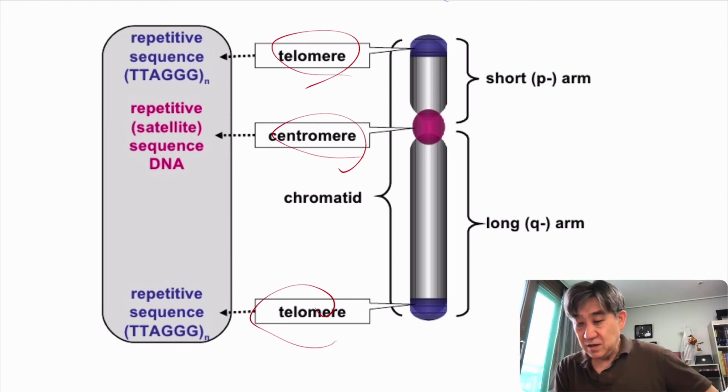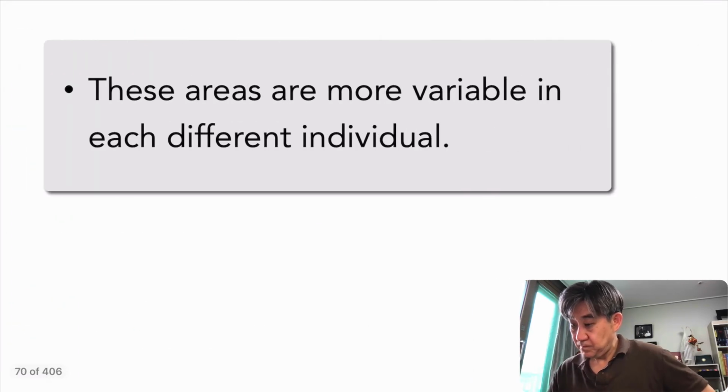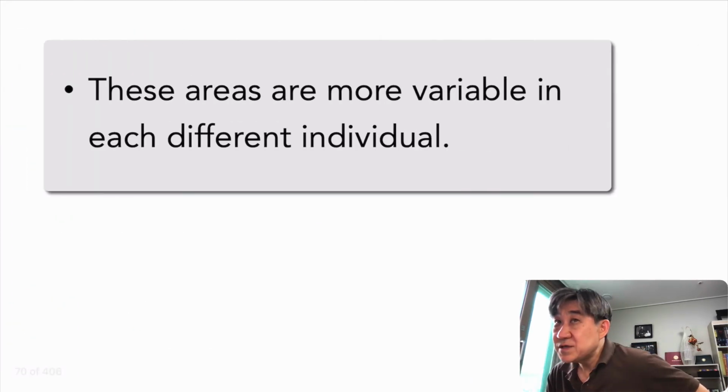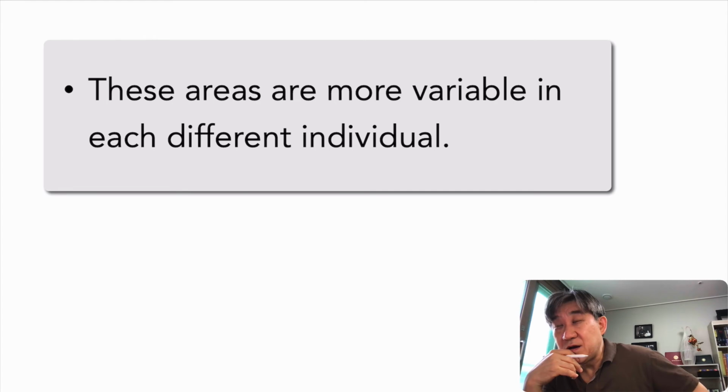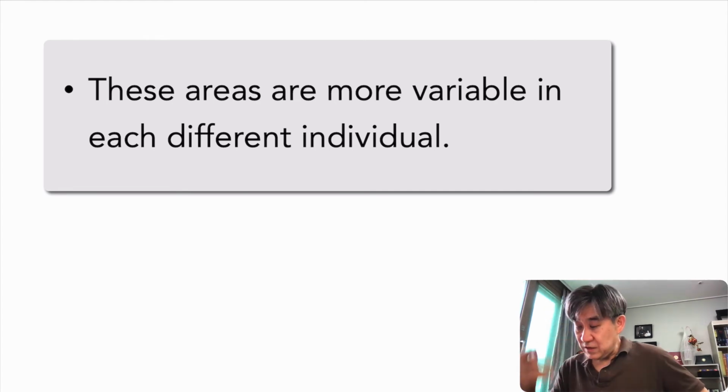And another characteristic of those areas is their DNA sequence. The telomeres and centromeres are what we call constitutive heterochromatin.